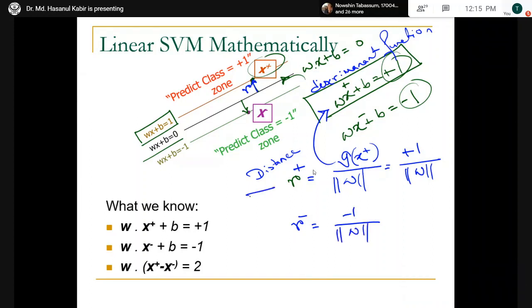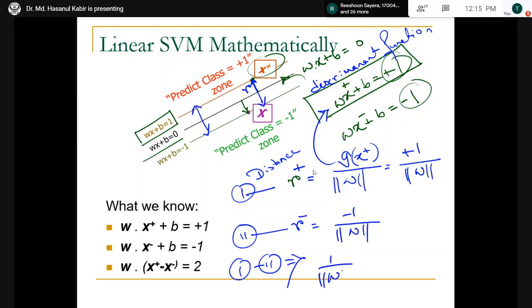So let's say this is equation 1, this is equation 2. If I want to compute this whole distance from the positive sample to the negative sample, the distance as a whole should be equation 1 minus 2, right? And if I do 1 minus 2, we have 1 by magnitude of w minus -1 by magnitude of w.